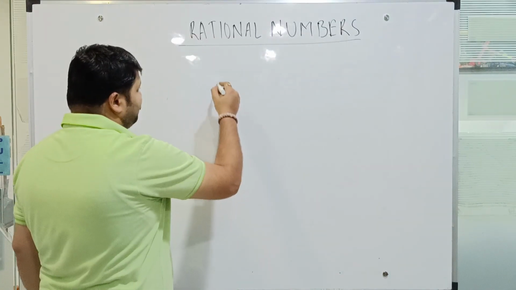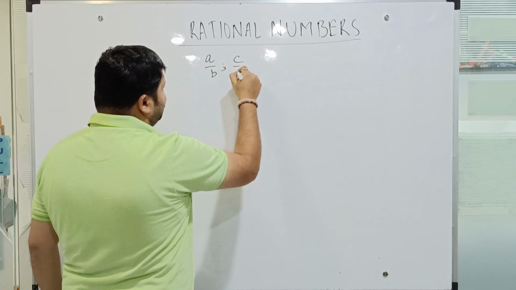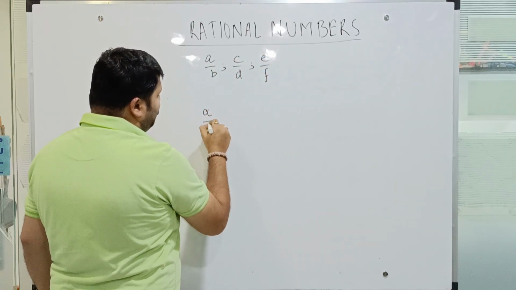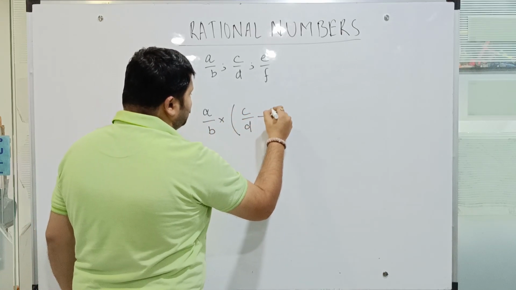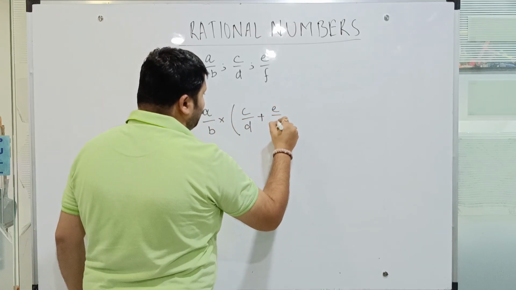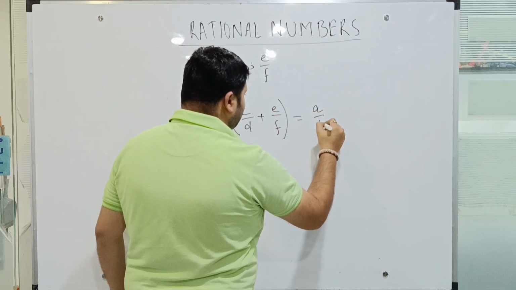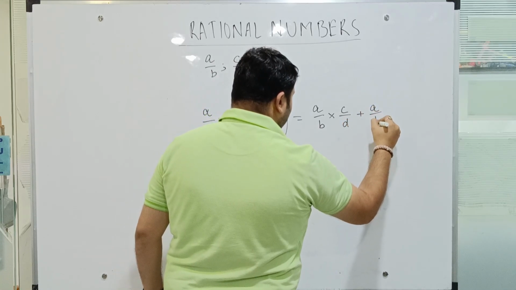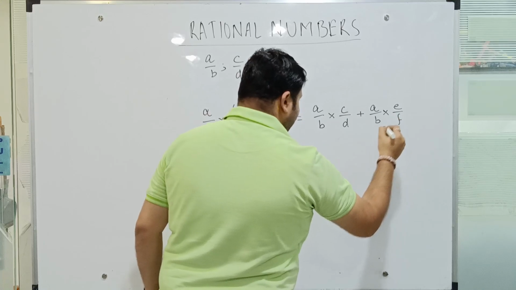If I have three rational numbers as A upon B, C upon D and E upon F, then A upon B multiplied by C upon D plus E upon F will be equal to A upon B multiplied by C upon D plus A upon B multiplied by E upon F.